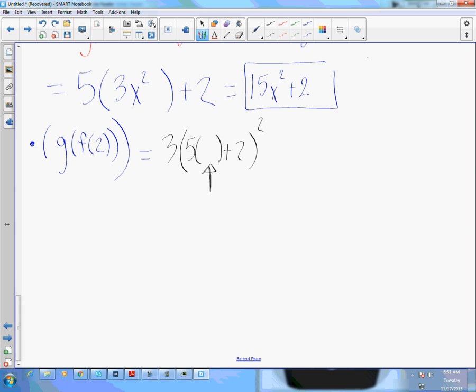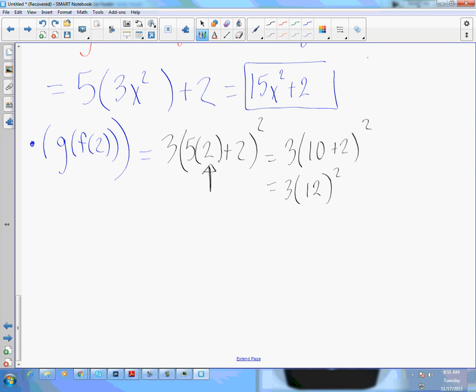2. And we have to perform what operations on that? We need to do parentheses first, right? And inside the parentheses, we have to do multiplication, which is 10, before we add. Then we finish the parentheses by adding, which is 12.